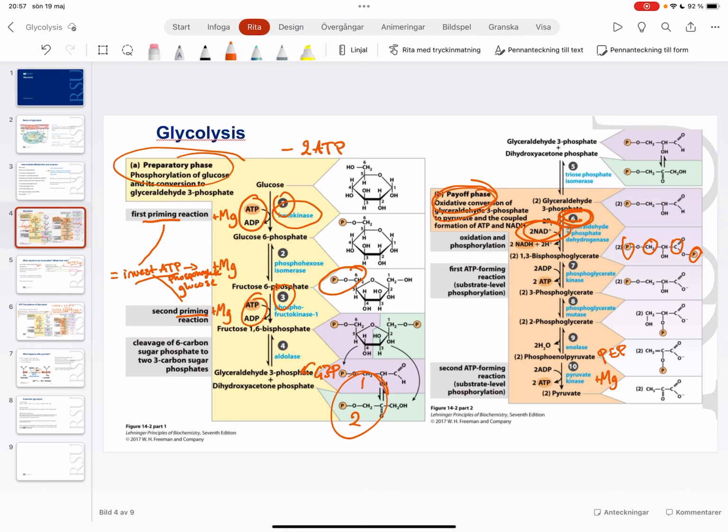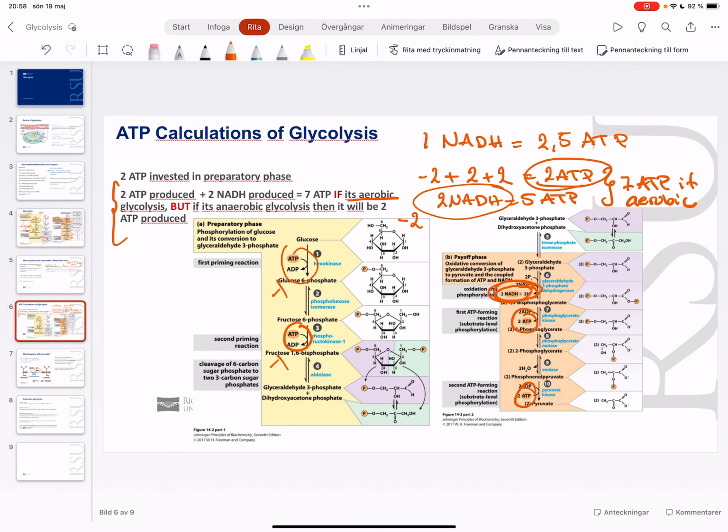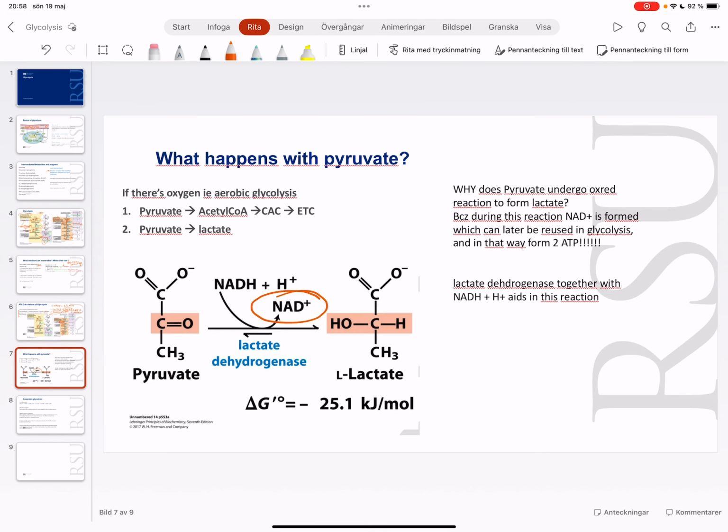And if it does that, then glycolysis can happen again and again and again, right? So we need NAD+. So when we form lactate, we will form NAD+, and then NAD+ can go into glycolysis, and glycolysis can give us ATP, and we have now energy.